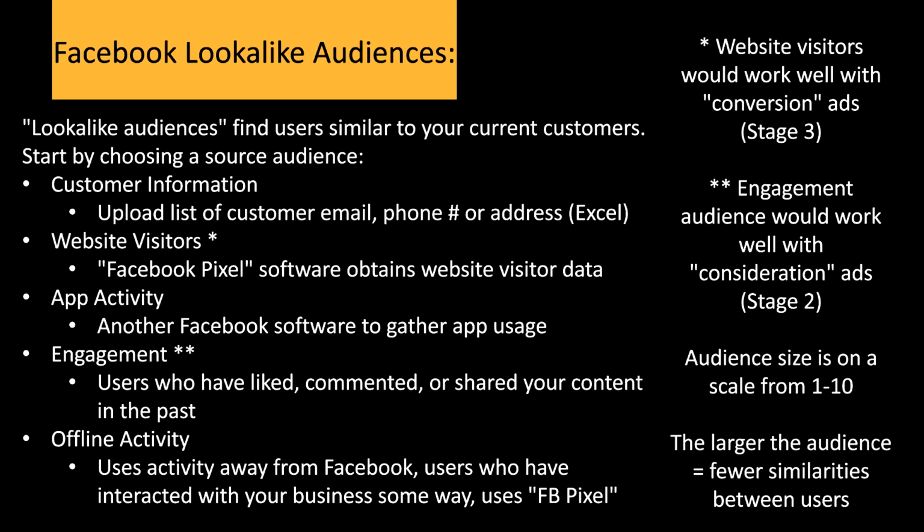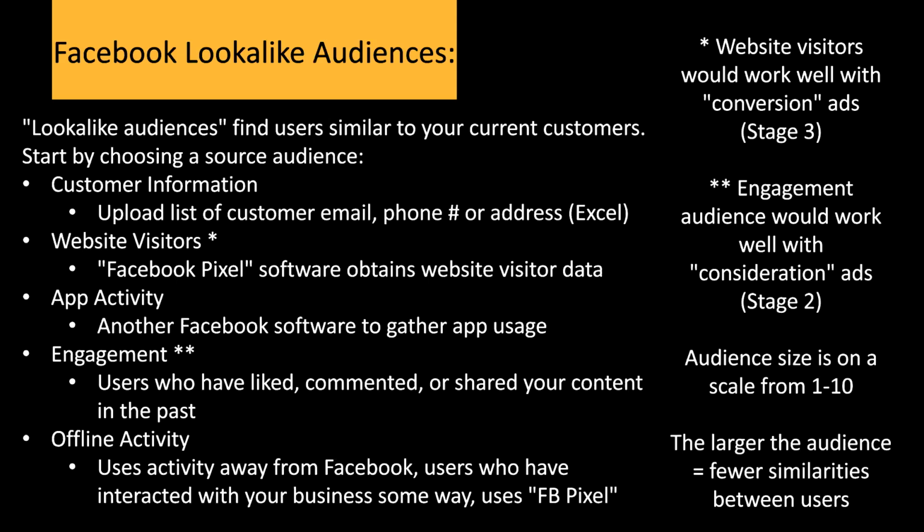You can also use website visitors. So if you have Facebook Pixel integrated into your site, it's going to obtain website visitor data similar to Google Analytics. App activity is another Facebook software that gathers app usage. So if you have an app deployed on the store, you're going to find your activity there, and you can source that audience into Facebook ads.